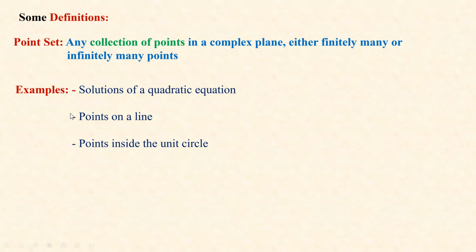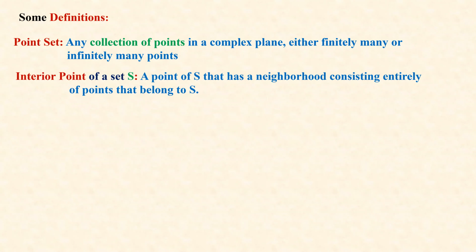Points on a line are infinitely many, but they are all on a line. And this one is points inside the unit circle, also an infinite number of points. But each one of these is a point set. Depends on what we're talking about. All right, this is a set of points, or point set.